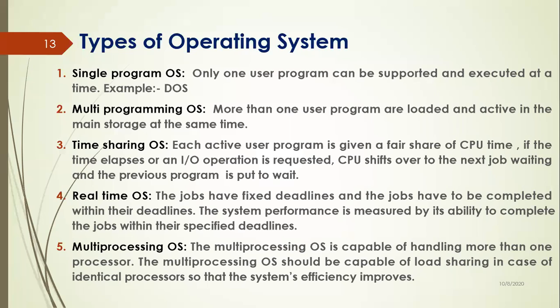What will the operating system do? It will share these 30 seconds among these three processes, that is 10, 10, 10. So this is time sharing. Within that 10 seconds, the process has to complete its execution. If the execution is not completed, the processor will still stop the execution of the current process and move to the second process.